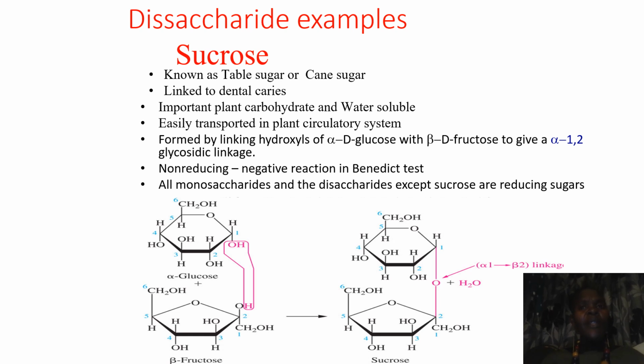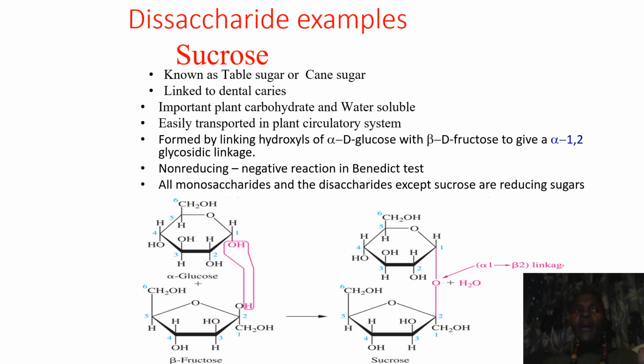Still we are talking about the cyclic form. An alpha-D-glucose, the OH is below at carbon atom number 1, as much as you can see it, and then for the beta you can see the OH is above. So when the connection is done, we have the alpha 1,2.